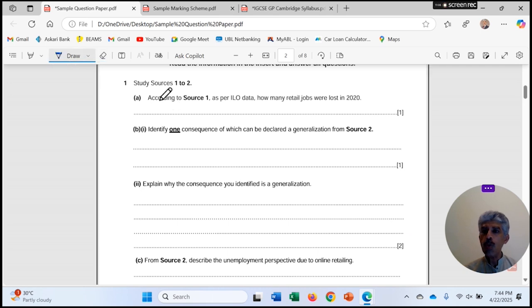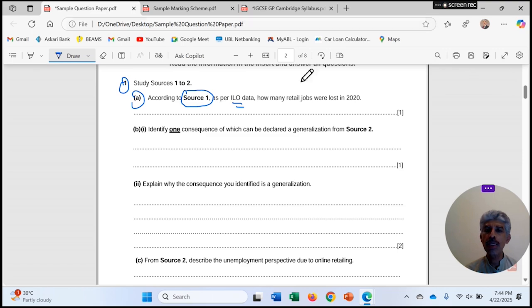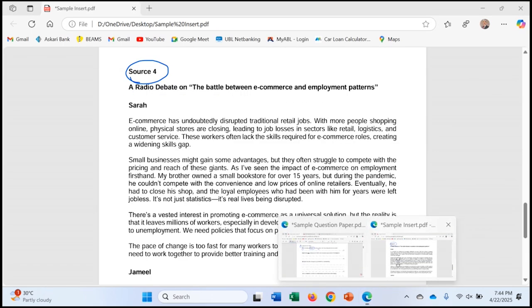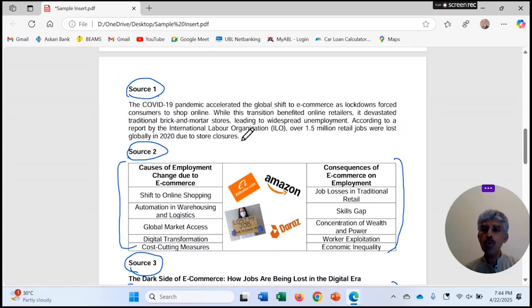Now, question number 1A, according to source 1, is related to source 1. As per ILO, the International Labour Organization data, how many retail jobs were lost in 2020? So we'll go to the source and find out what the source says.